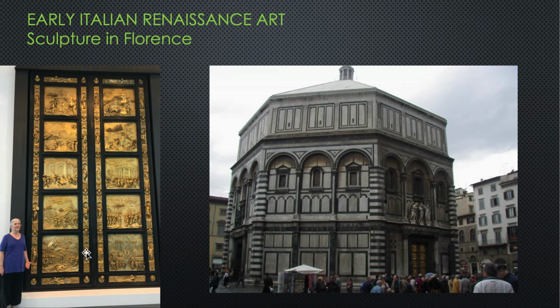And here I am standing next to the copy, so you can see the scale of it. Each panel is not too big, maybe about a yard high. And this is the baptistry again, and these are the doors, the Gates of Paradise, the latest set that he made. They're still there, but they're probably not the originals.